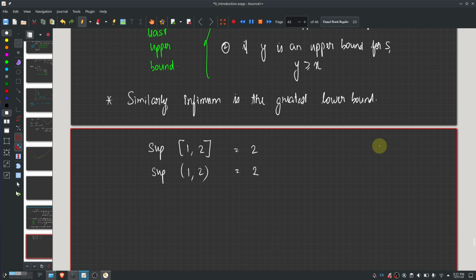Right. So just as we saw in these two cases, the supremum may or may not lie in this particular set. If the supremum lies in the set, then it has a special name. It's called a maximum. So if the supremum of S lies in S, we call it the maximum.